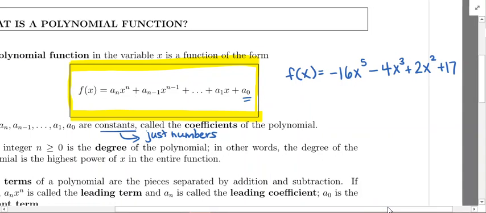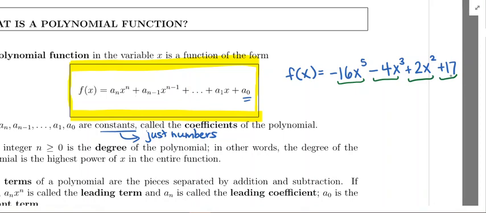If you look at each of the pieces, there are 4 pieces here. Each piece is basically a number times a power of x, or just a number, like the 17 is just a number, and we're adding or subtracting these. So that is what a polynomial is.